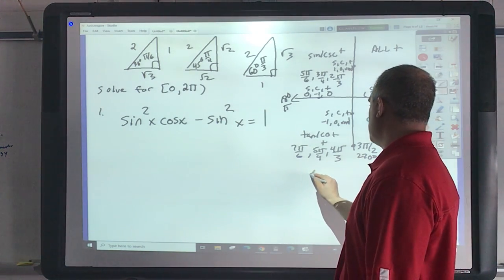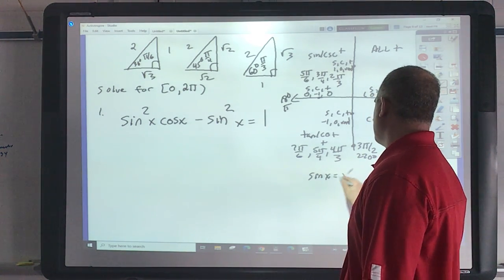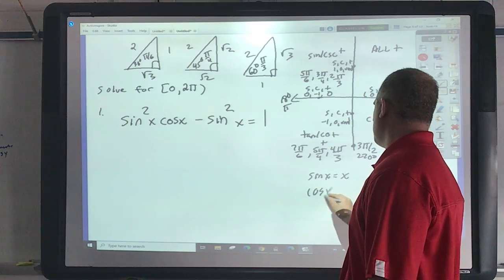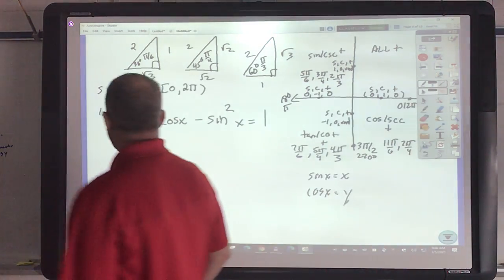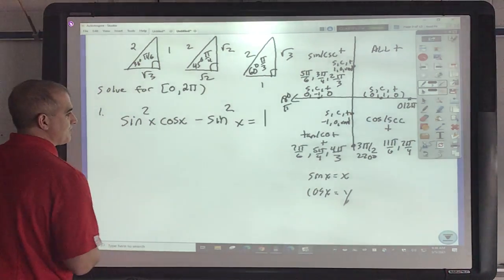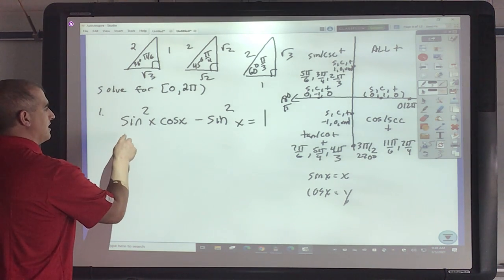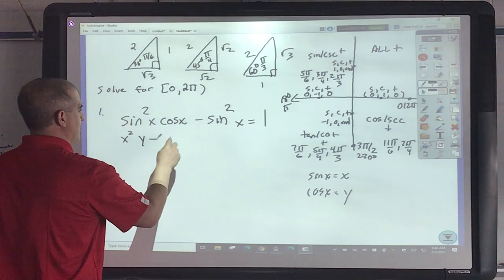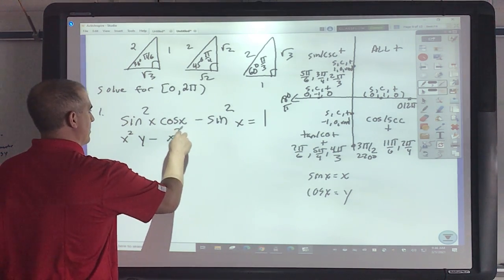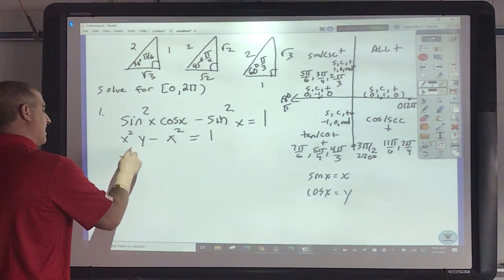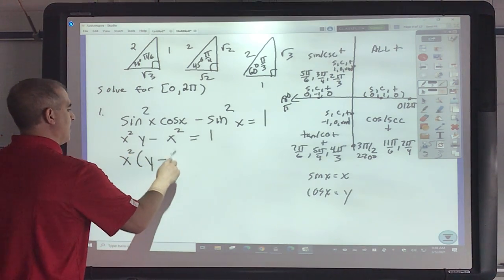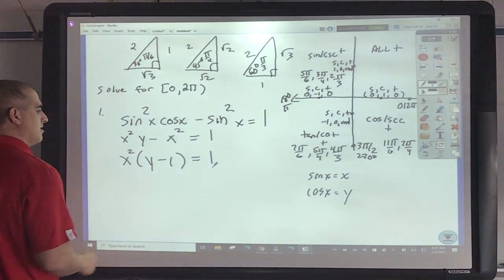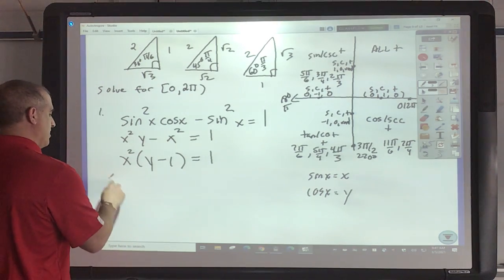So let's put sine of x equaling x, and let's say cosine of x is equaling y. So I got y minus x squared equaling 1. If I take out the x squared, I would be left with y minus 1 equaling 1. I set both of those equal to 1.